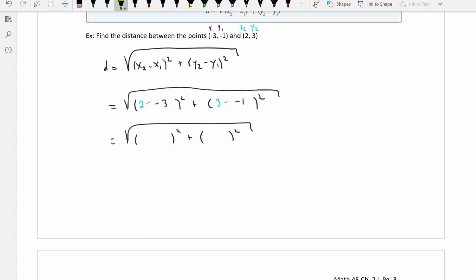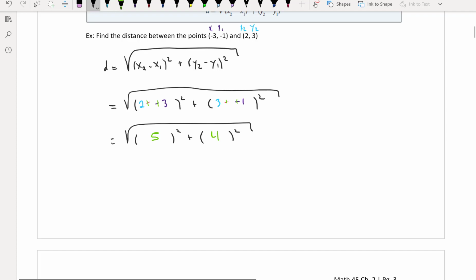So here I have 2 minus negative 3. I can put it into my calculator, or just think of it as a double subtraction. Subtracting a negative number turns into addition. So I'm going to have 2 plus 3, which is a 5. Same thing, 3 minus negative 1, I can plug it into my calculator, or think of it as turning into addition, so that's going to be a 4.